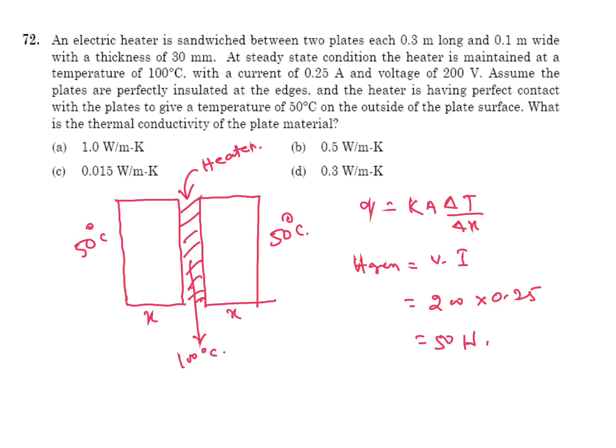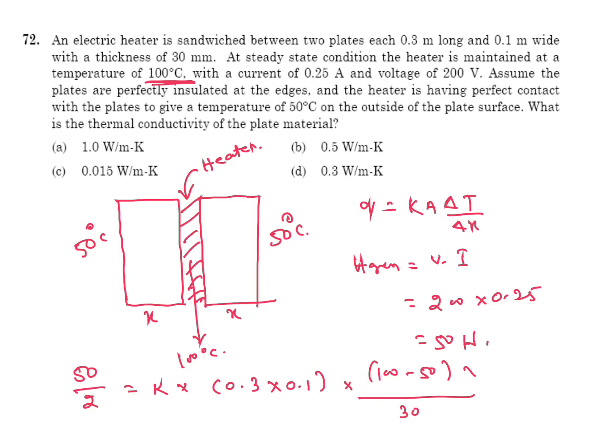So both sides it's going, the heat is going, so 50 by 2 equal to K into area, 0.3 into width is 0.1, K delta T is 100 minus outside is 50. Thickness value it's 30 mm, so 30 divided by 1000. We have to find out the K value. This K value we have to find out.